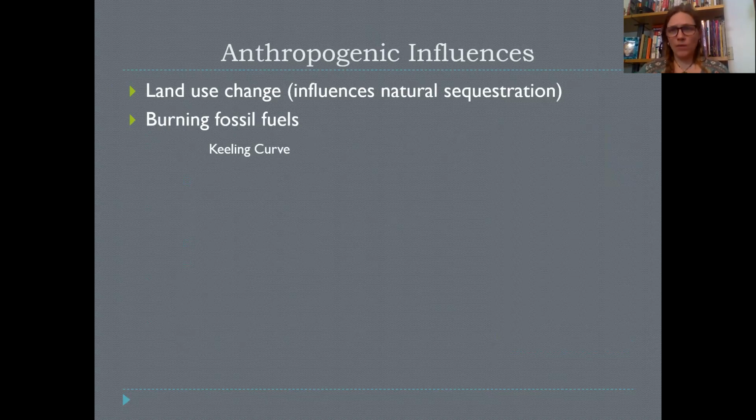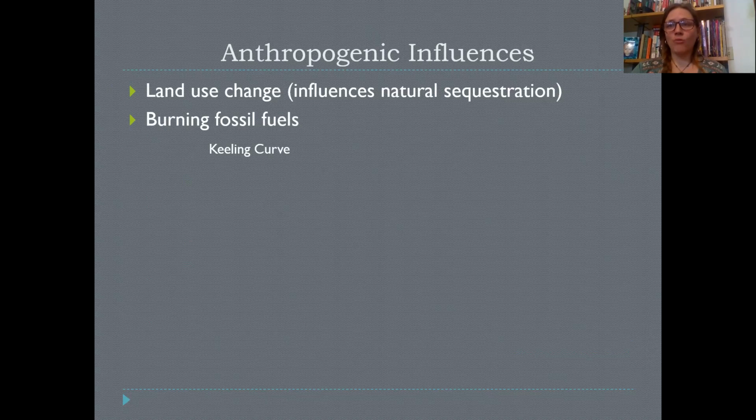So that's one influence. But of course, the biggest influence is this kind of technological advance that we've learned how to do over the last couple hundred years, which is to burn these old carbon compounds and take that chemical potential energy and turn it into heat energy. And then we can use that to make electrical energy or kinetic energy, mechanical energy.